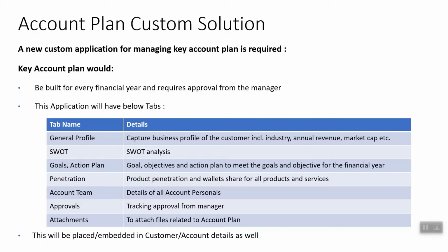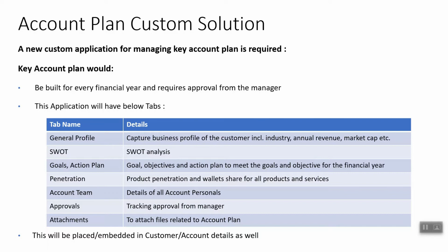The general profile, where we capture the business profile of the customer, industry, annual revenue, market cap, etc. The SWOT tab, where we do the strength, weakness, opportunity, and threat analysis of the key account plan. The goal and action plan, where we describe the goal and objectives and the action plan required to meet the goals and objectives for the financial year.